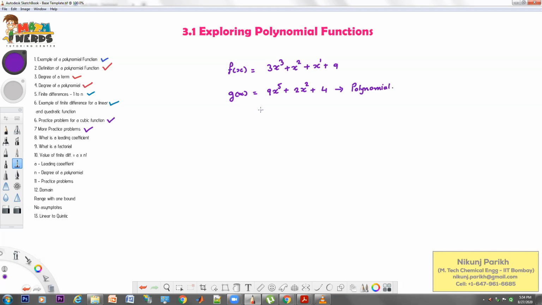So how is this a polynomial? Let us write this down in the standard polynomial definition form. g(x) equals 9x raised to 5 plus 0x raised to 4 plus 0x cubed plus 2x squared plus 0x raised to 1 plus 4.